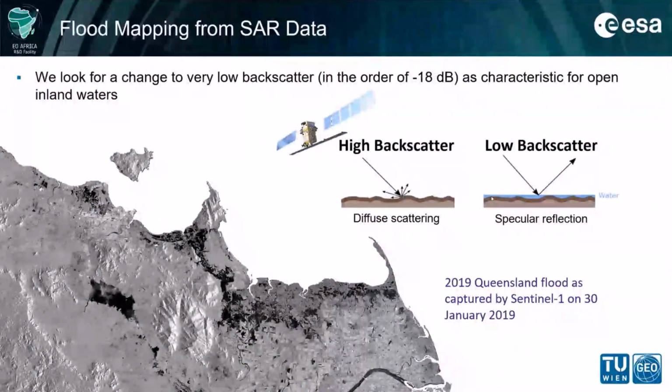Now, if water is flooding the surface, that leads to a smooth surface, leading predominantly to forward scattering and very low backscatter return. So if you look at a Sentinel-1 image showing a flood, the areas affected by flooding are those with very low backscatter values, shown here in black. This is the example of the Queensland flood in 2019.